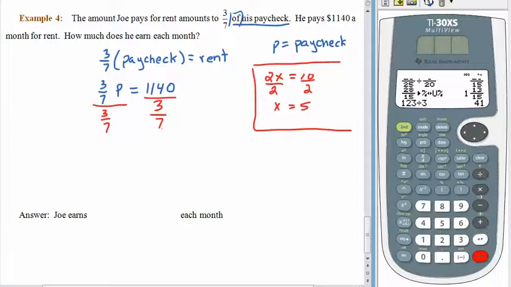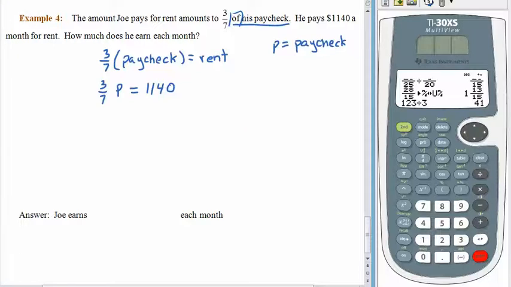Okay, so I'm going to erase all this stuff here. There we go. And now you can get ready to follow along again. So rather than divide both sides by 3/7, we're going to multiply both sides by the reciprocal. Hang on, I want to get rid of this other stuff here too. There, magic.